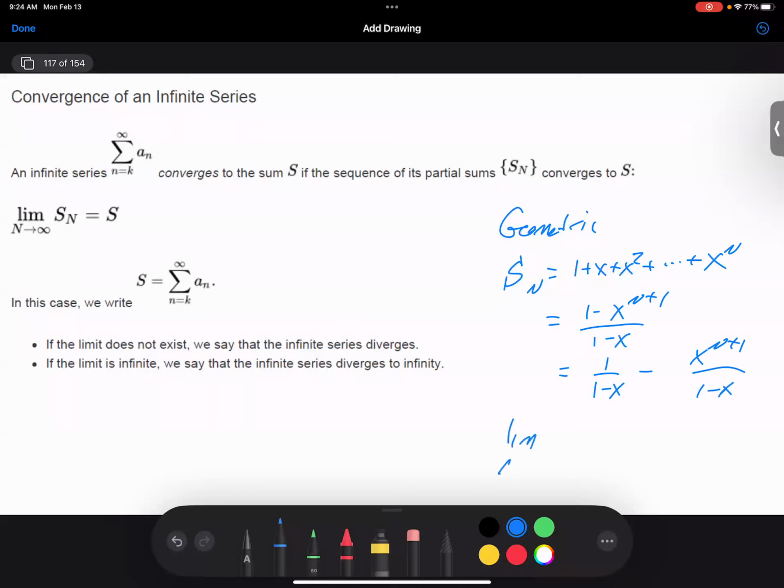And the limit as n goes to infinity of S_n will just be 1/(1 - x). So this is a really nice example of a sequence of partial sums that we have a closed form expression for, and we can identify what the limit is if the absolute value of x is less than 1.